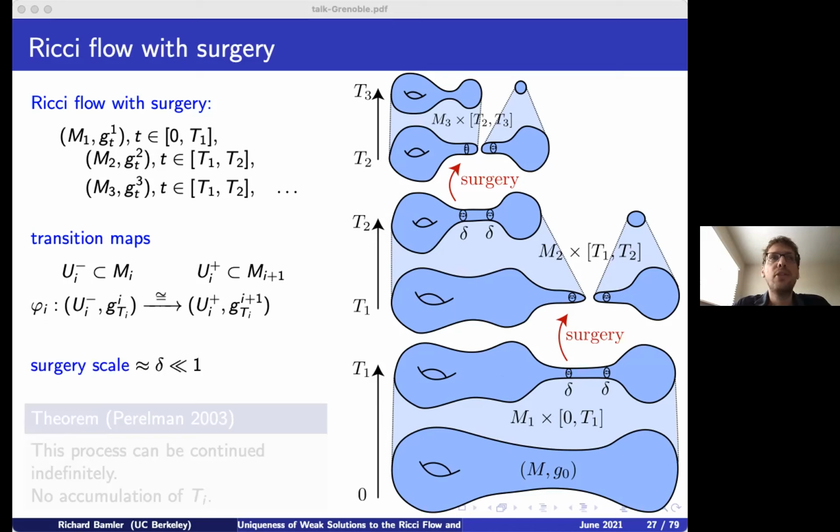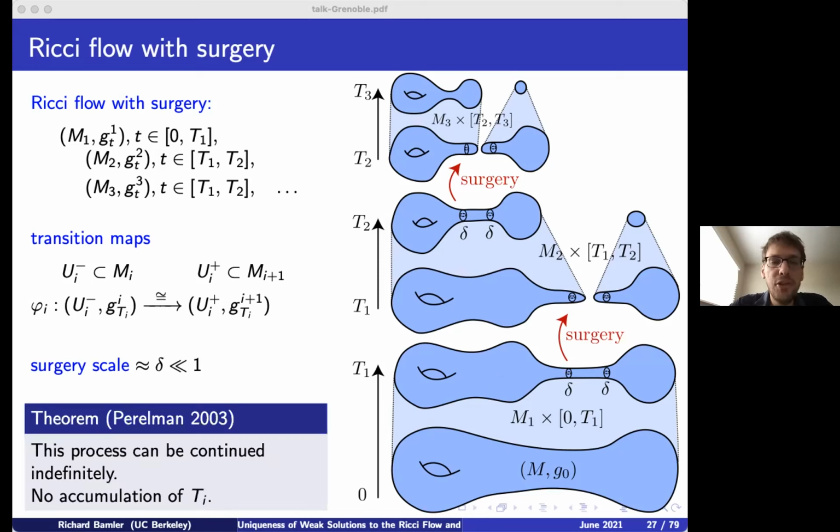Okay? So in order for this process to work out, we have to choose delta very small. If we choose delta small, then Perelman showed that this process can be continued indefinitely. The important part is to show that we don't have any accumulation of surgery times. I could always write down some surgery process that will cut away some bad parts of the manifold.